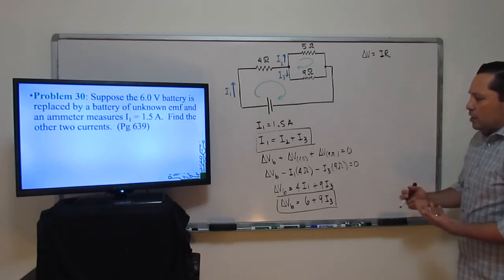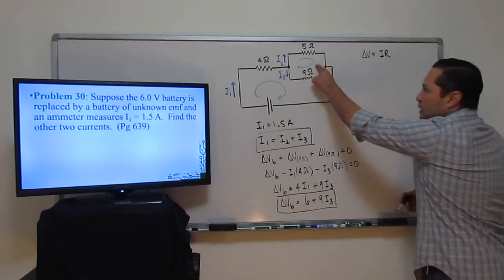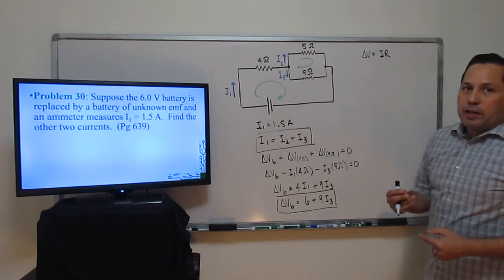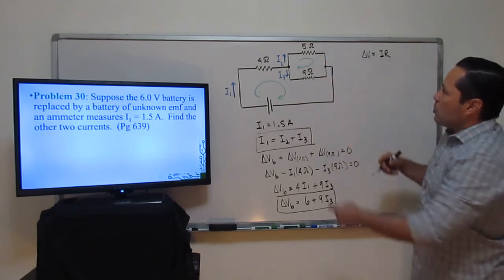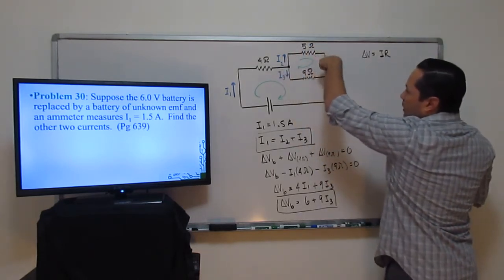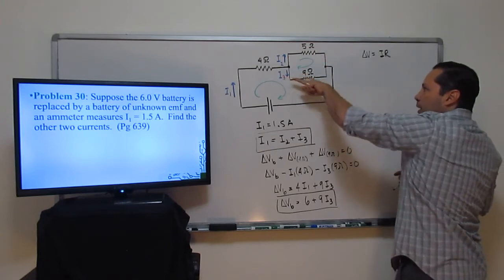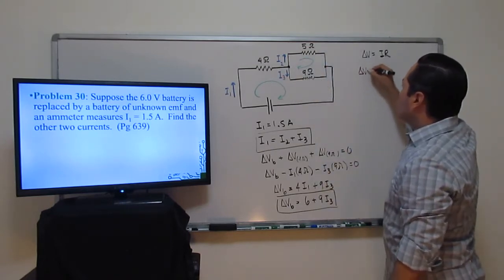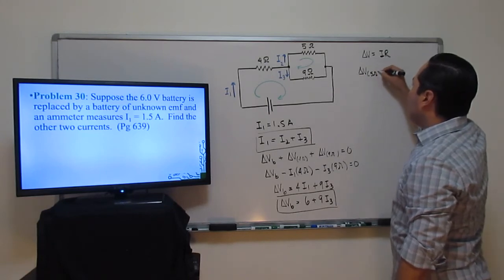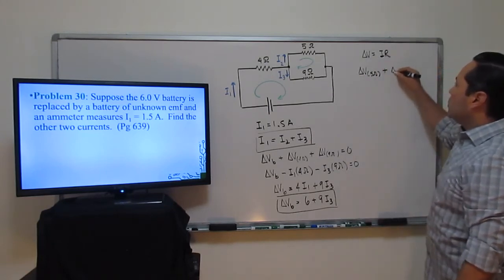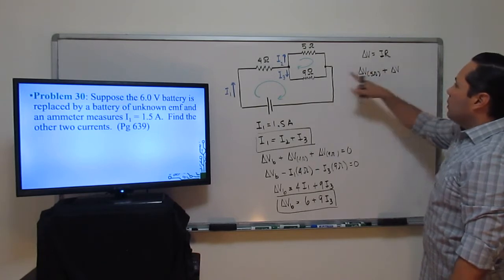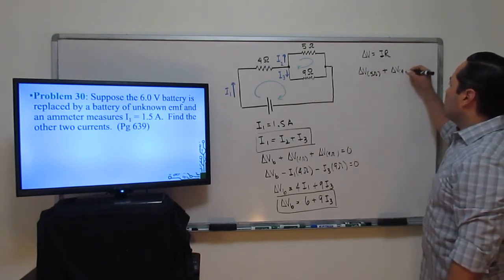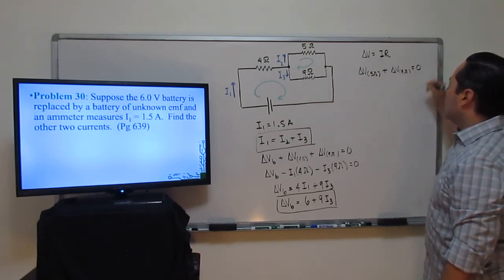Now we can keep on working on the second loop. For the second loop, we've got 2 resistors and the current's going to the right here. On our loop, we're going to loop it around here. So we're going to say the following. It's going to be the potential difference of the resistor with the 5 ohms plus the potential difference of the resistor with the 9 ohms is equal to 0.